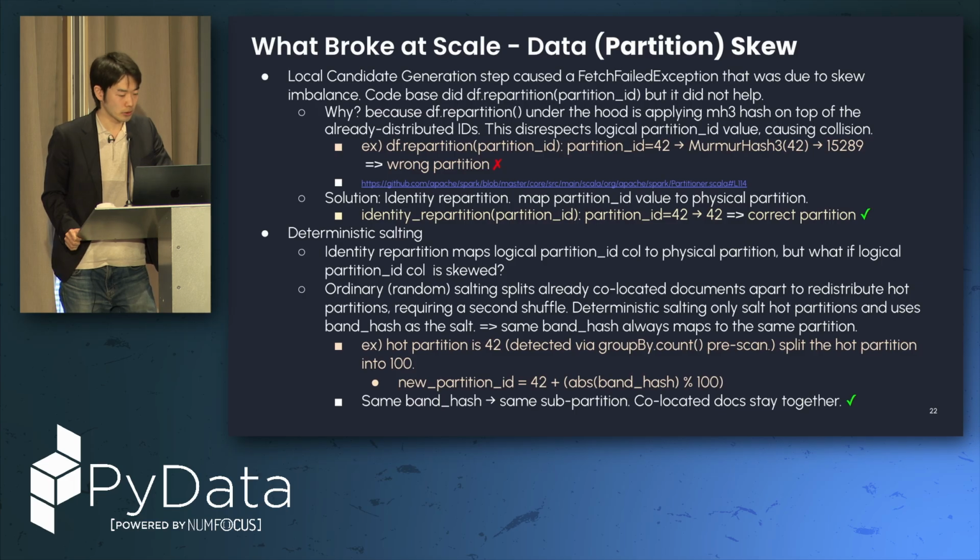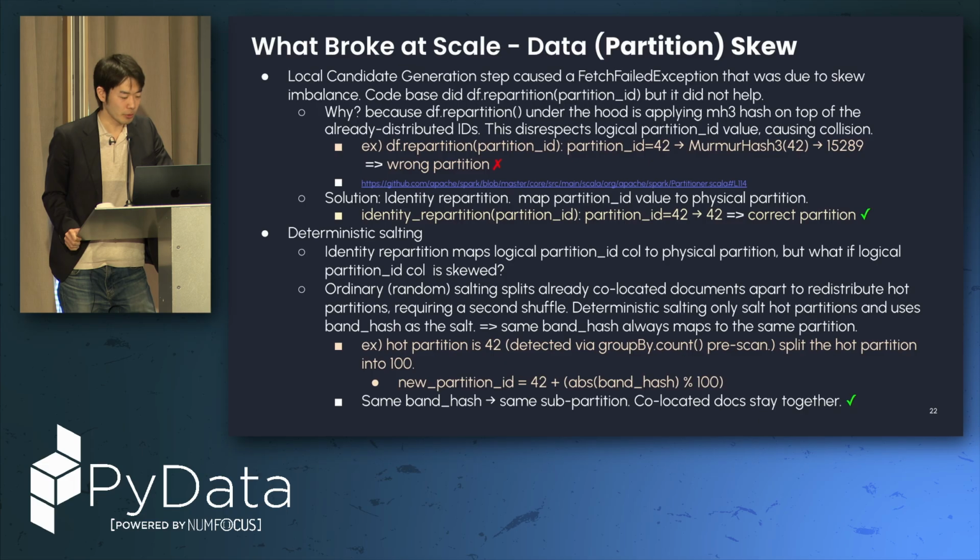So this is because in Spark OSS, df.repartition under the hood is applying another hash called MH3 hashing on top of the partition ID column that is already a distributed ID. As a reminder, the partition ID that I passed is already done by MH3 hashing.